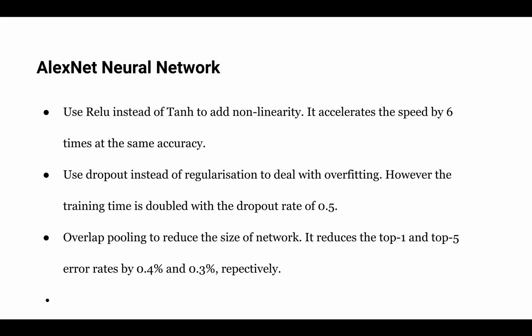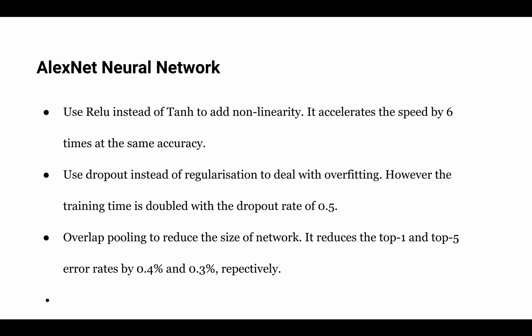They used dropout instead of regularization to deal with overfitting, although the training time doubles with a dropout rate of 0.5. They also used overlapping pooling to reduce the size of the network, which reduced the top-1 and top-5 error rates by 0.5 and 0.3 percent respectively.